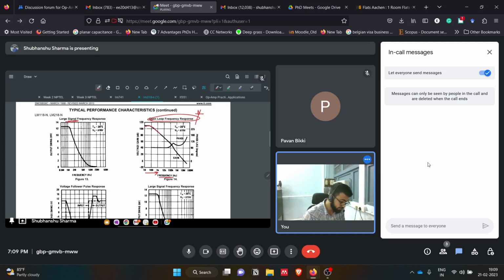So if there is a low voltage gain, what will happen? Why is this important? Let's say it is only 20 dB voltage gain. The virtual short will cease to show the virtual short concept, because the virtual short concept depends on high open loop gain.